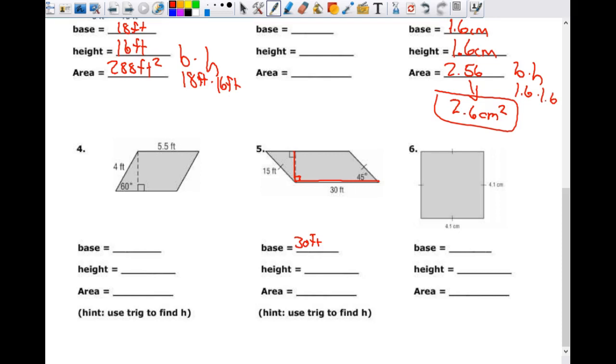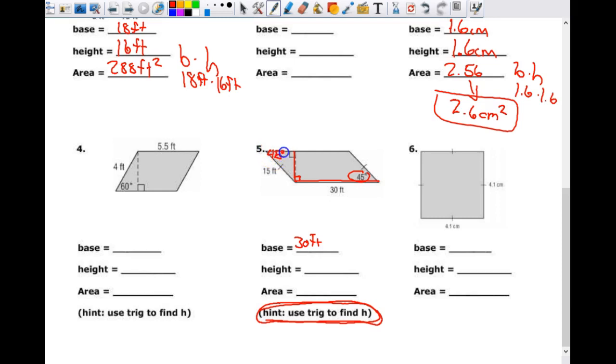So how do you guys think we find the height? It's a good guess, though. Trig? We're going to have to use trigonometry. If you remember trigonometry, we need to find a reference angle. Well, we have 45, and if 45's here, 45's also over there.